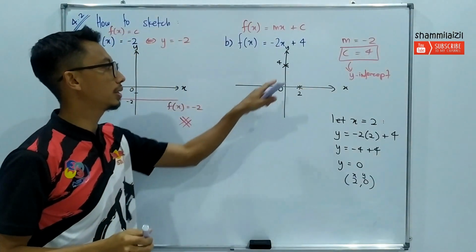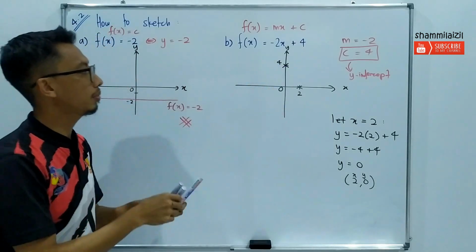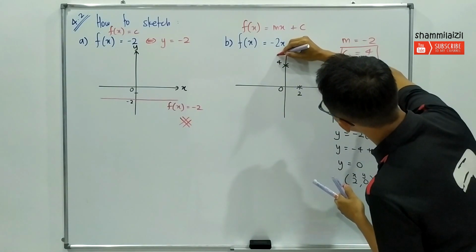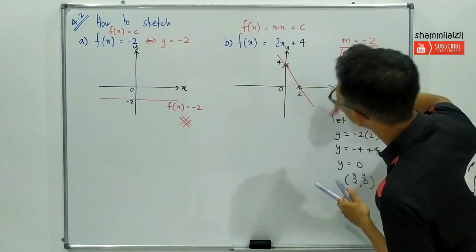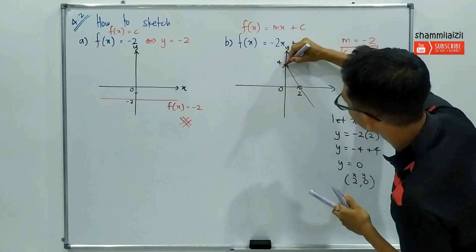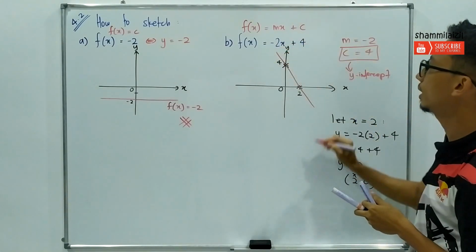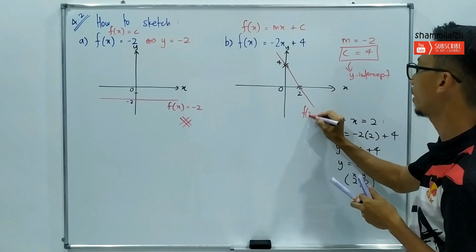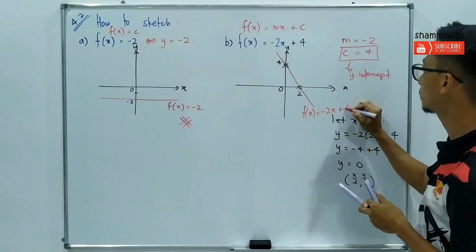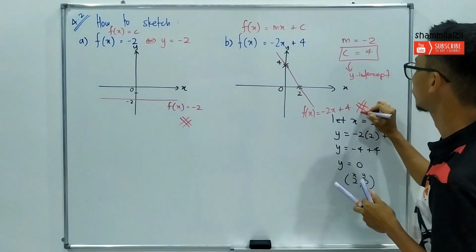So once you obtain these 2 points here, you can simply draw a straight line. Not too straight. So this is the straight line of f(x) equals minus 2x plus 4.